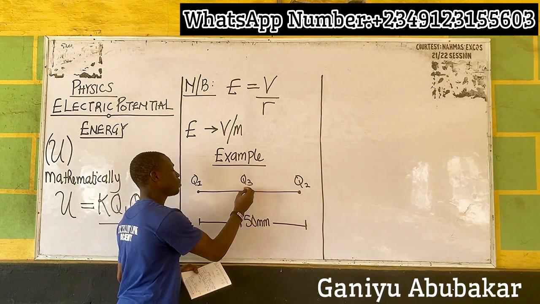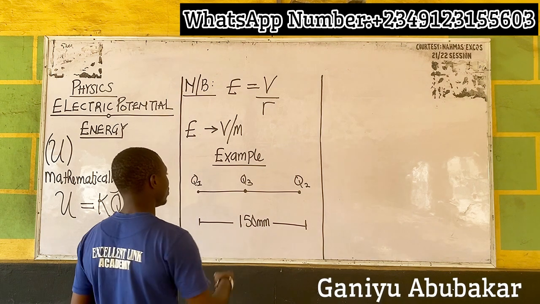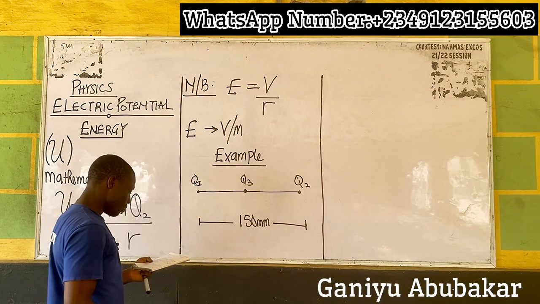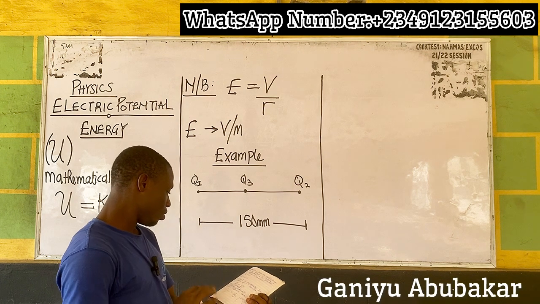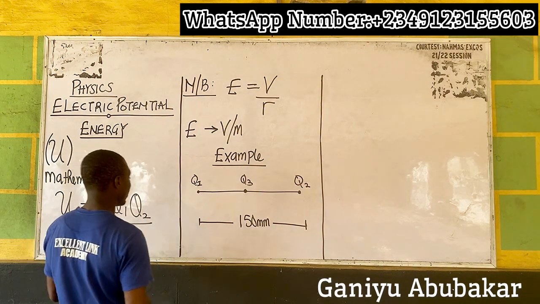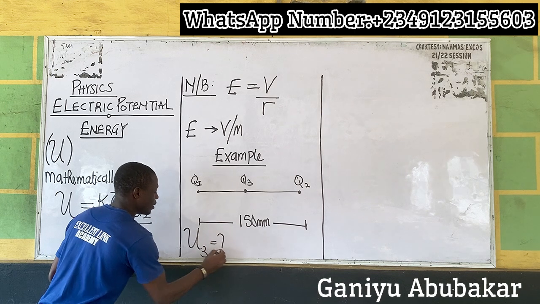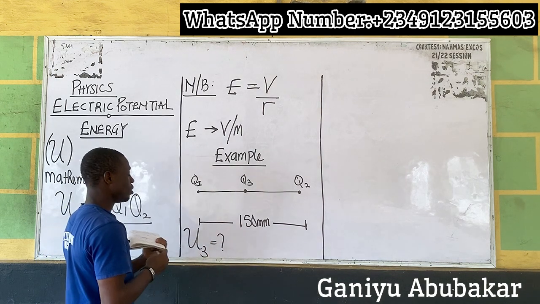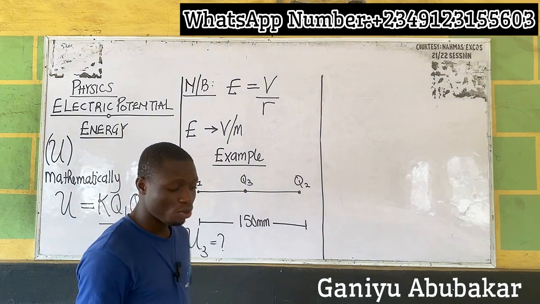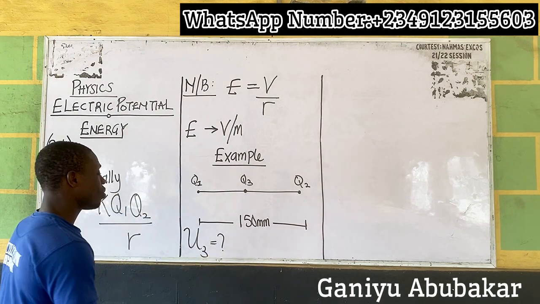So I'm asked to find the electric potential energy on charge Q3, that is U3, the electrostatic potential energy at charge Q3. So let's consider this.